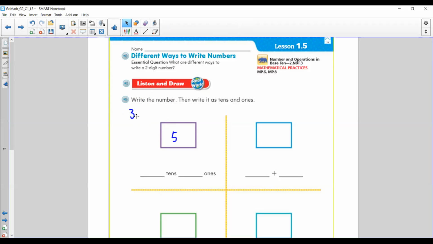There's the 5, there's the 3, 53. Okay, so then write it as tens and ones. Well, the tens come first right here, and the ones are second. So in 53, there are 5 tens and how many ones? 3 ones.